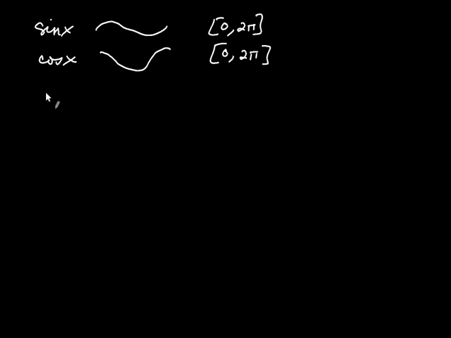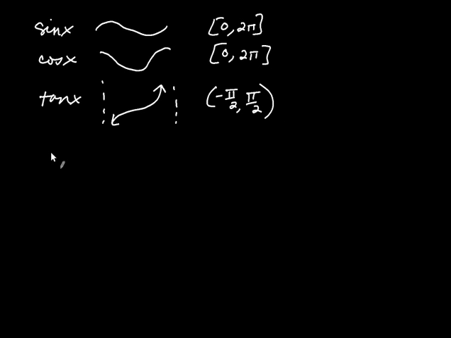Tangent has an asymptote on the left and an asymptote on the right, and the basic graph looks like this. We're going to be graphing that from negative pi over 2 to pi over 2.